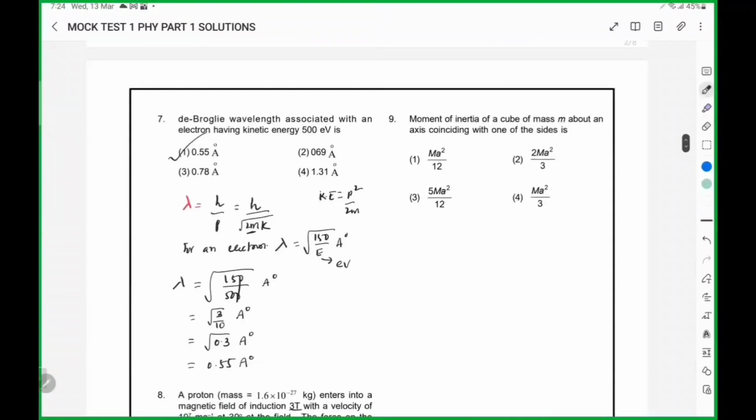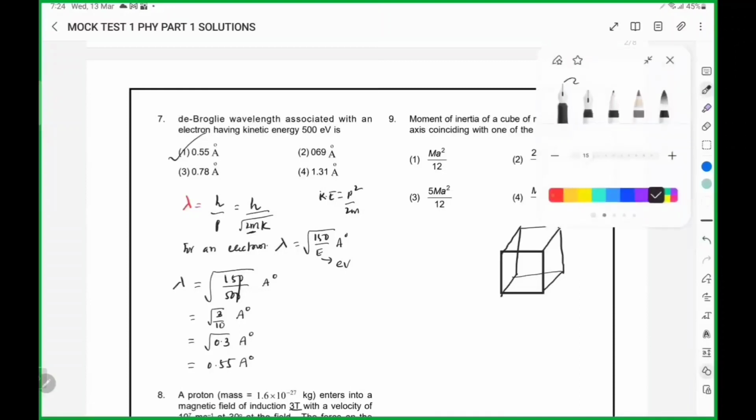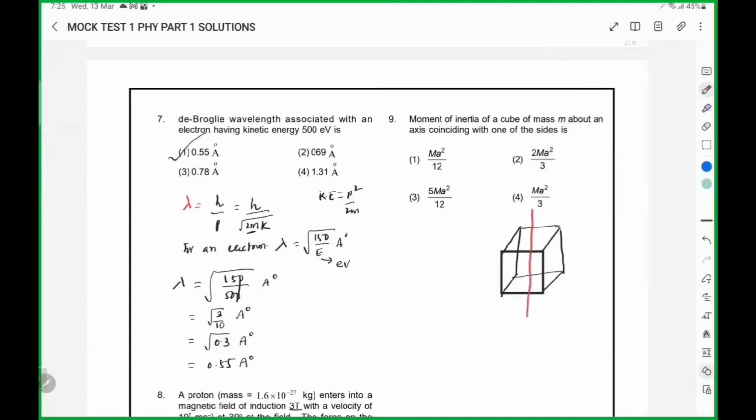So moment of inertia of a cube. Moment of inertia of a cube about an axis passing through the center of the cube is ma square by 6.